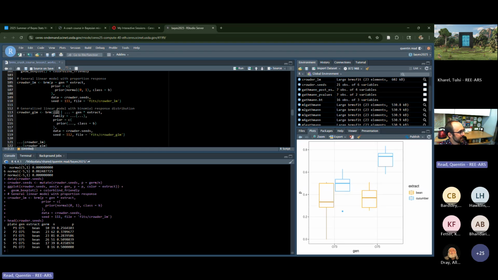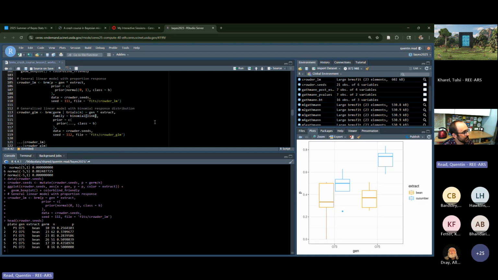So here we have germ as our number of successes. And then we have to put trials, parentheses, n, being the name of the column of the number of total seeds in each dish. The family is binomial.